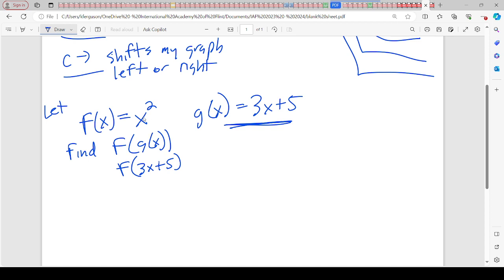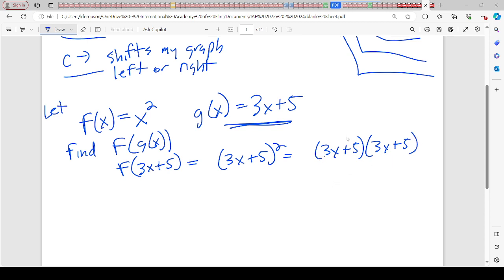So now I'm going to write my function. If f of x is x squared, f of 3x plus 5 means I'm going to have 3x plus 5 squared. And what does that mean? That means 3x plus 5 times 3x plus 5. So I got to do FOIL.